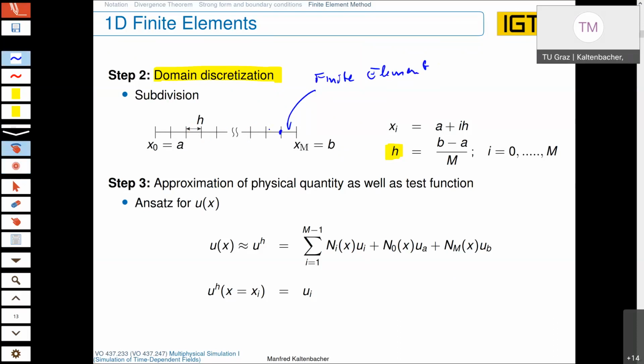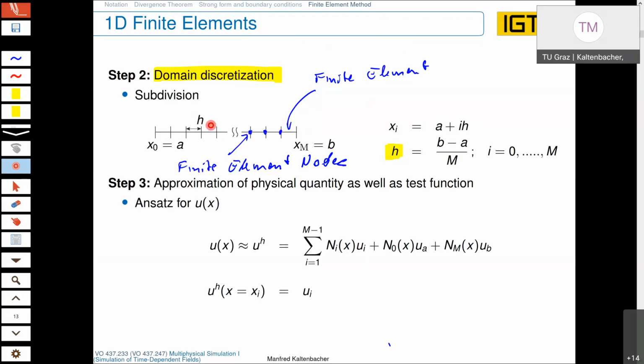And the positions we have, we will call finite element nodes. These are our finite element nodes at which we want to compute the unknown u we have here.